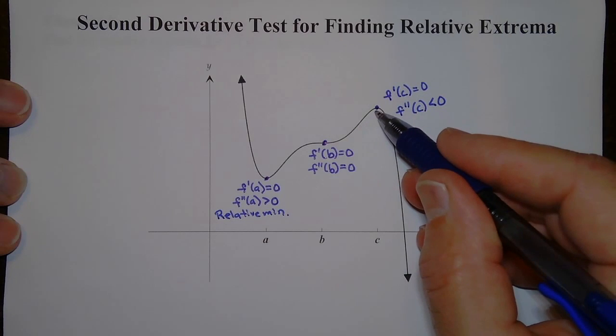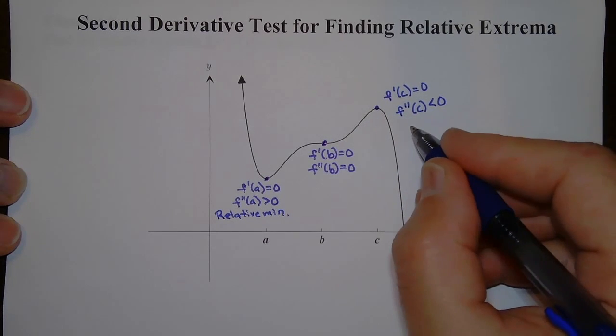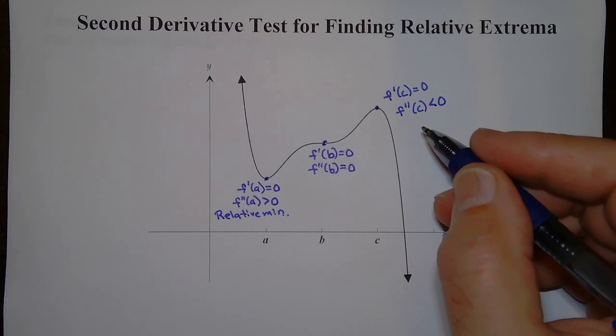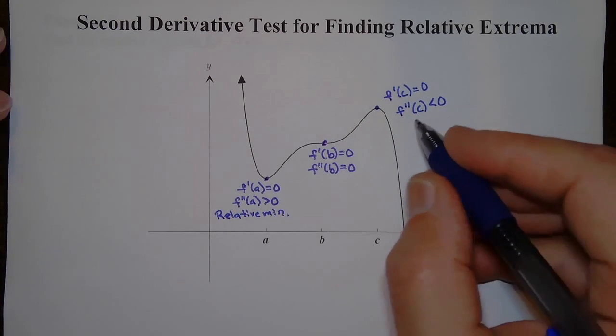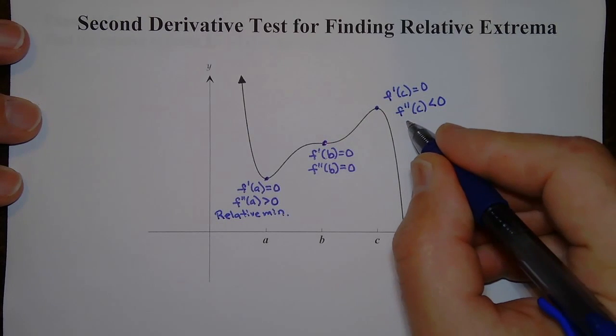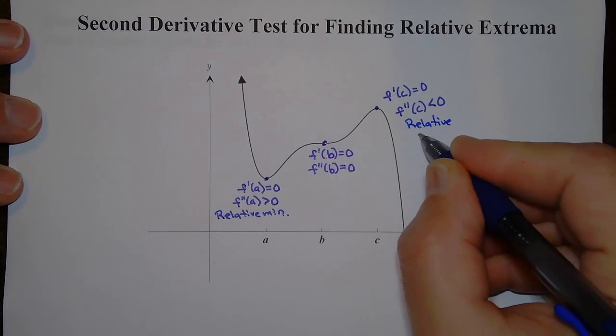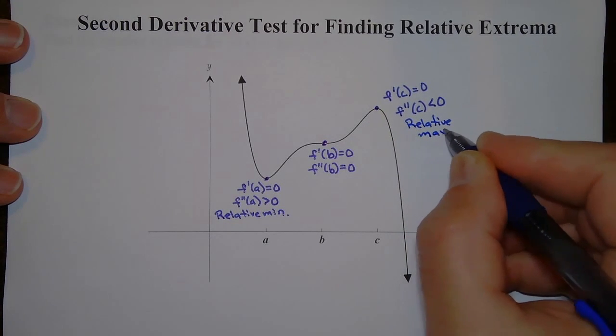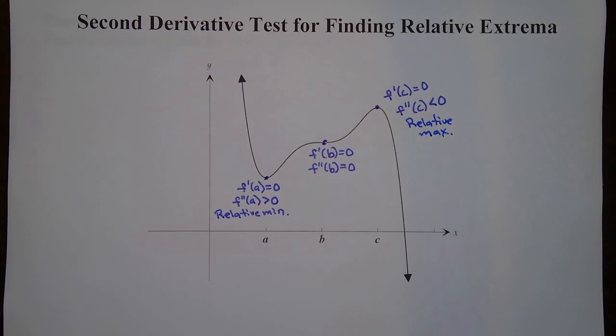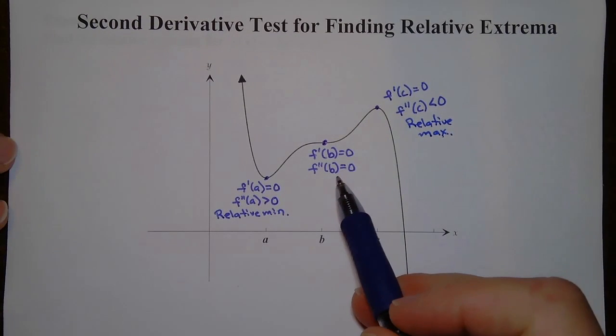And then at this point, we would have to have a relative maximum. So concave down would cause a relative maximum, and concave up would cause a relative minimum, okay? So this is a relative maximum. And here we couldn't tell, so that's going to be important in just a second.